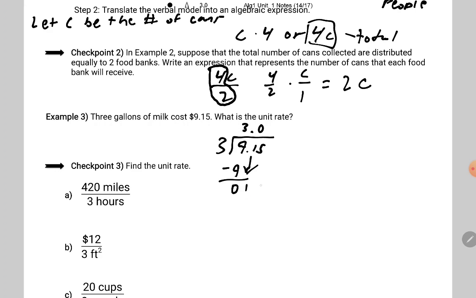So nothing happens here. We drop the 5. 3 goes into 15 5 times, and we don't have a remainder. So this is $3.05 per 1 gallon of milk.